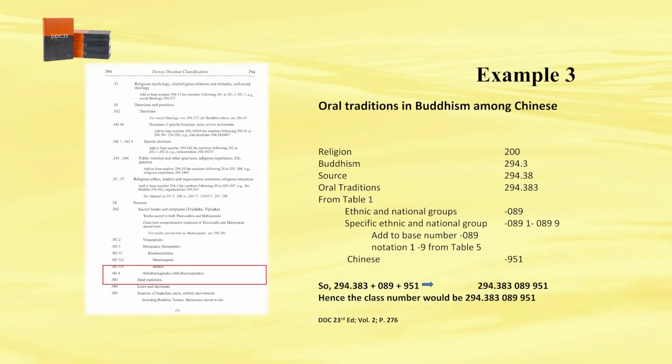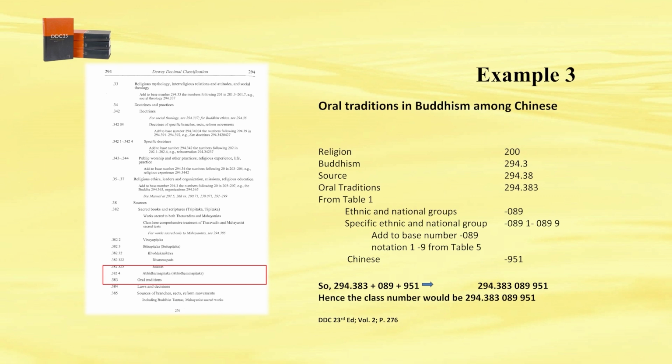In Table 5 we will get 951 for Chinese. So we have got all three facets: one is Buddhism, the second is oral tradition, and the third is Chinese.